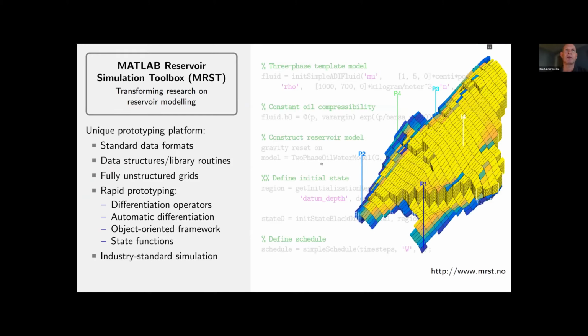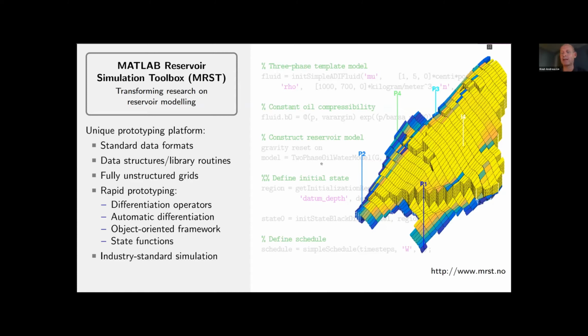What we think is that the MATLAB Reservoir Simulation Toolbox is a unique prototyping platform that offers standard data formats that enables you to interact with the types of data that are used in industry. We offer data structure and library routines. One particular feature is that all grids are unstructured.